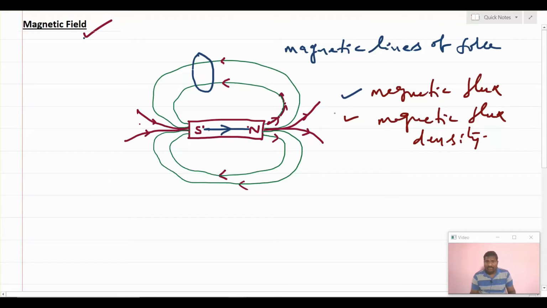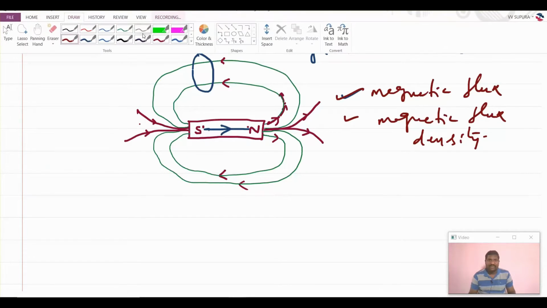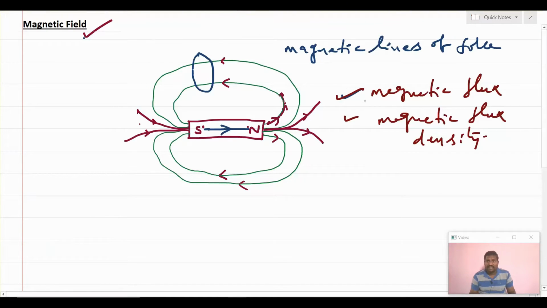So the magnetic flux is defined as the number of lines passing through a plane. The number of magnetic lines passing through a plane is called magnetic flux. That can be represented with the letter phi.